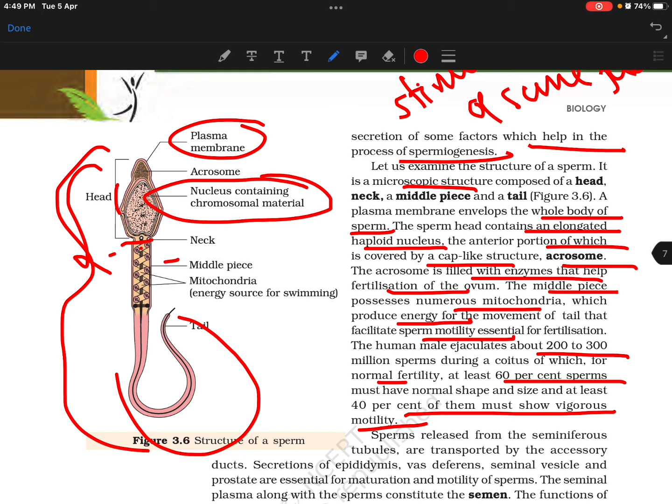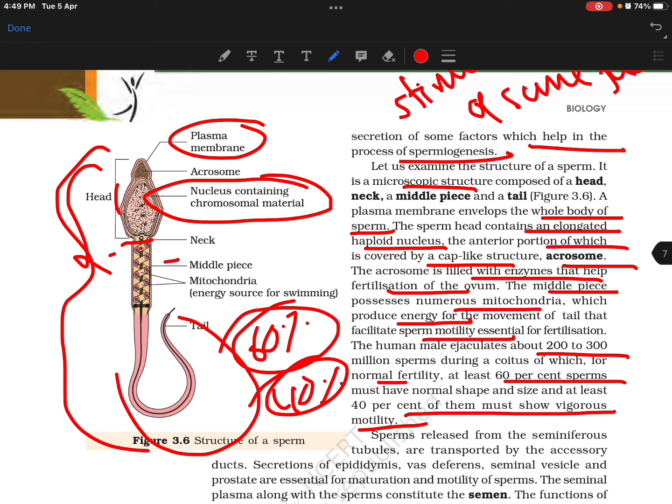For normal fertility, 60% of the sperm must have normal shape and size, and at least 40% of the sperm must have vigorous motility.